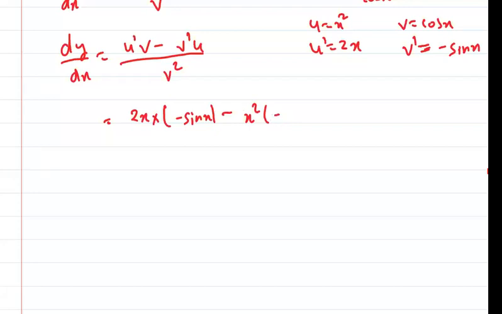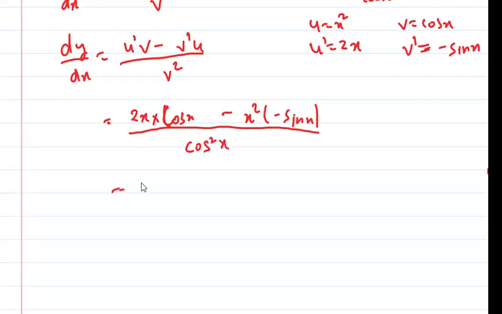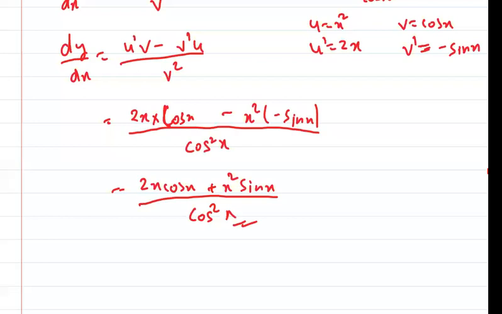Sorry, it is just 2x into cos x, because it is u dash v, u dash v minus u into v dash, ठीक है? Divide by v square, which is cos square x, है ना? So that is the answer. 2x cos x plus x square sin x by cos square x. Got it, everyone?